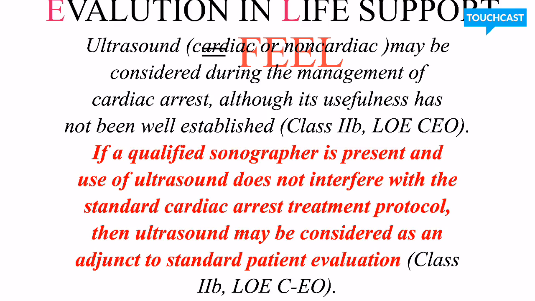So during the pulse check and rhythm check, you can put the cardiac probe to look for the 4 chambers view or short axis, or I prefer the probe to be on the subxiphoid or subcostal area. But remember, you should not interfere. I prefer the subxiphoid or subcostal view because it will not interfere with the chest compression.